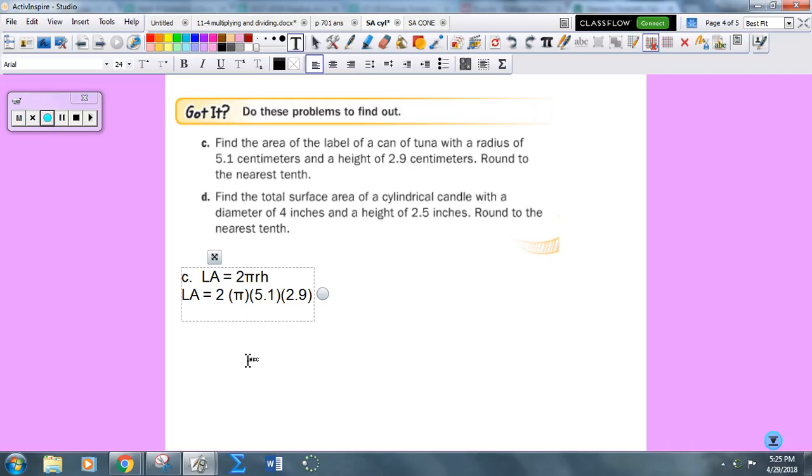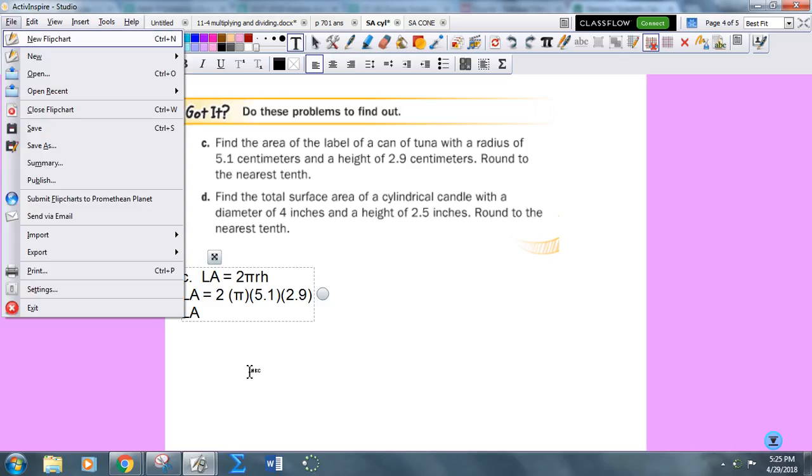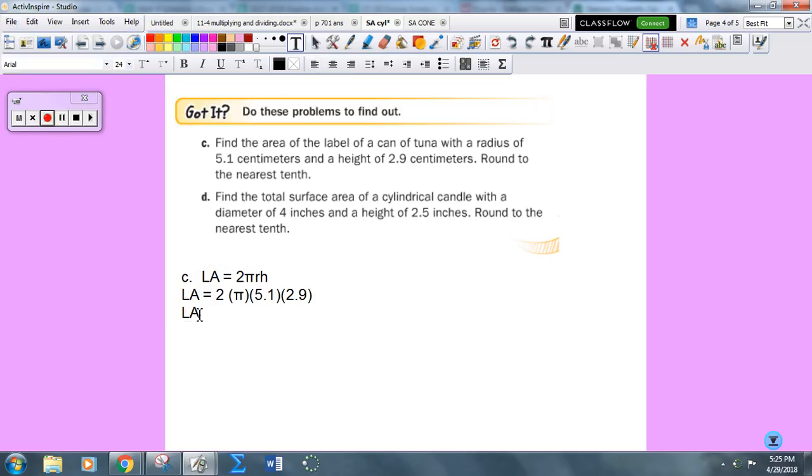Yep, so that is my lateral area. Did I not copy it? Computer doesn't like me right now. There we go. And it tells me to round to the nearest tenth. So I'm looking for the 9. The next number is 2. I just truncate it, and it's centimeters squared.